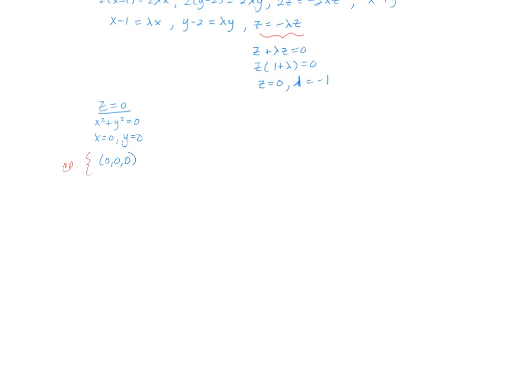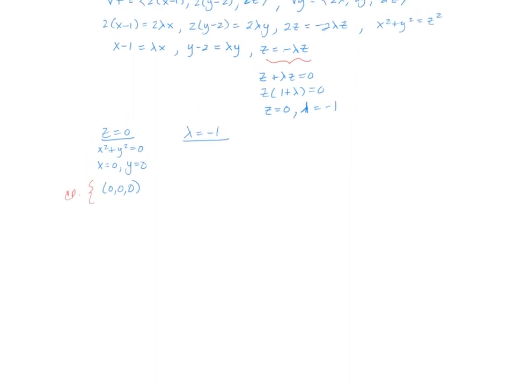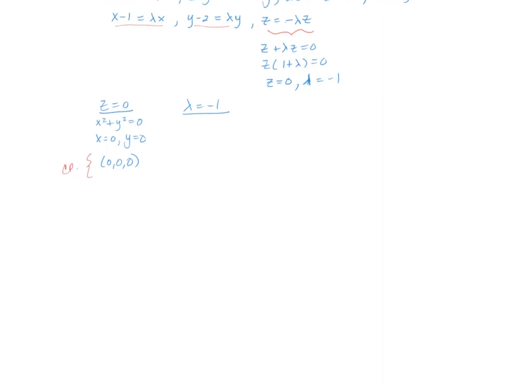Let's look at what happens when lambda is equal to negative 1. I'm going to go back to these equations, x minus 1, y minus 2, and the z equation as well, to figure out what x, y, z goes together when lambda is equal to negative 1. In the first equation, I'm going to have x minus 1 equal to negative x.